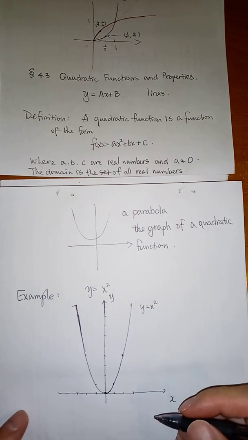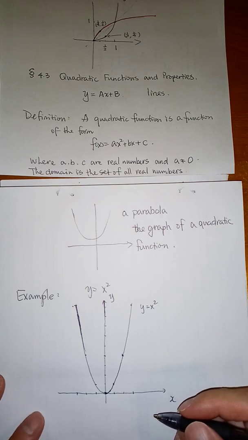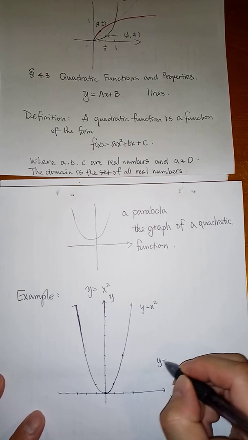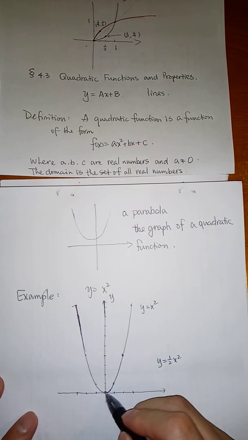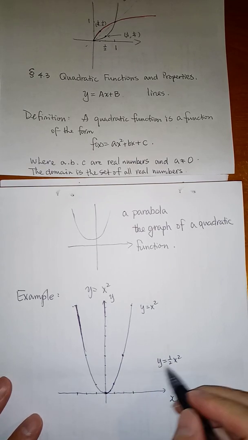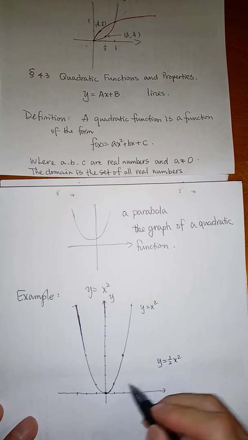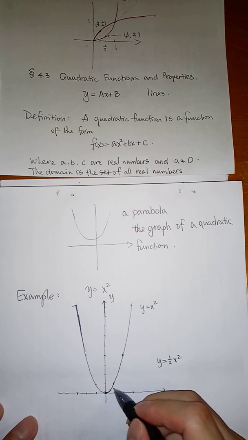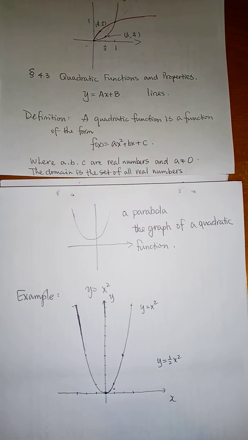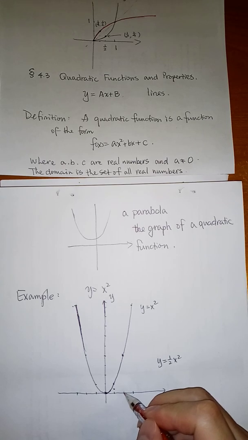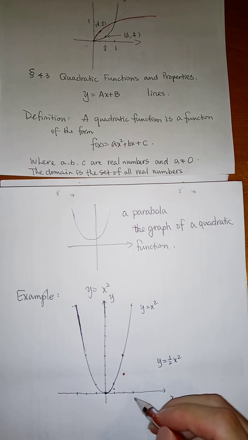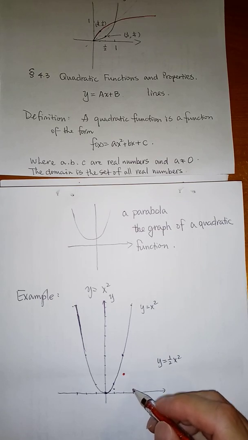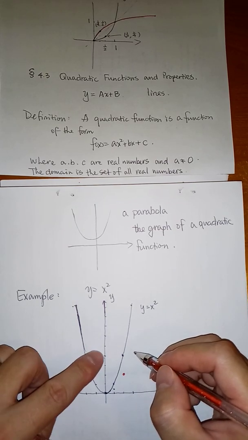If we want to sketch the graph y equal to 1/2 x squared, what is it? When x is 0, y is 0. When x is 1, 1 squared is 1 times 1/2 is 1/2. It's here. When x is 2, 2 squared is 4 times 1/2 is 2. When x is 3, 3 squared is 9, 9 times 1/2 is 4.5.